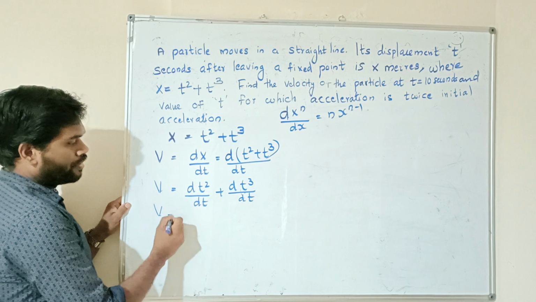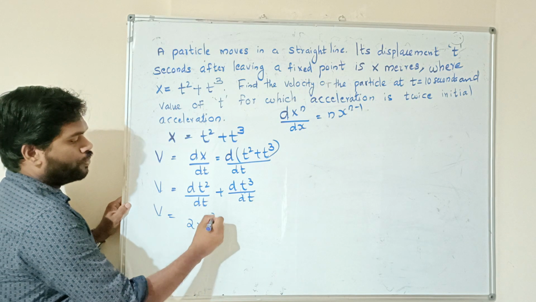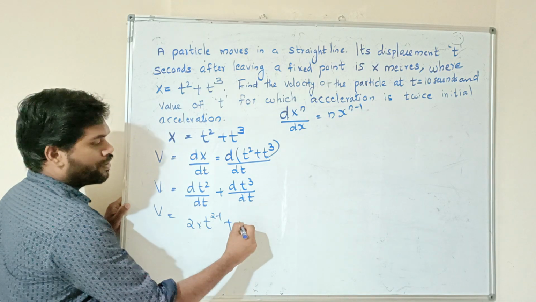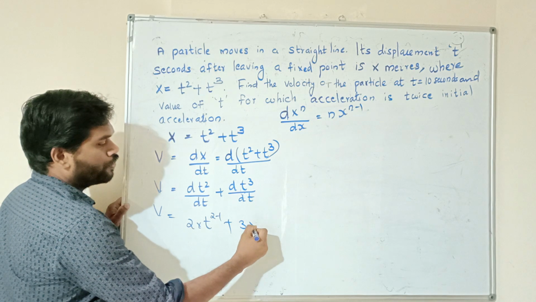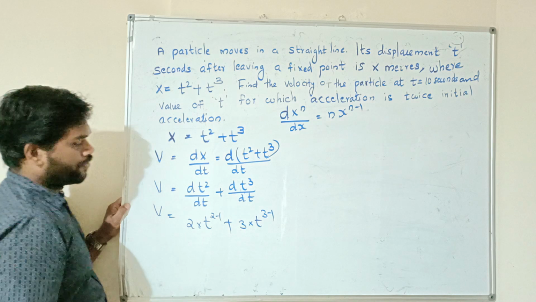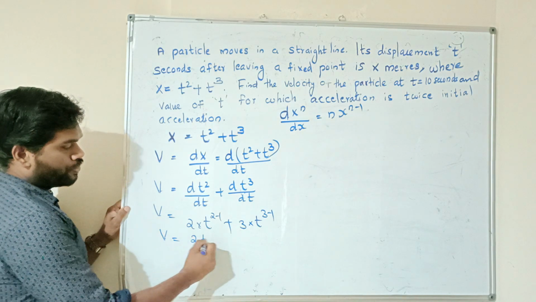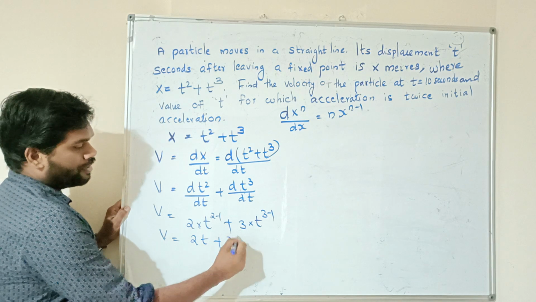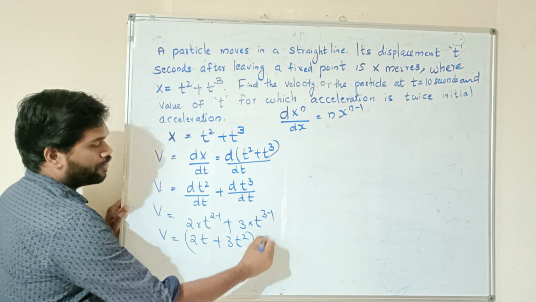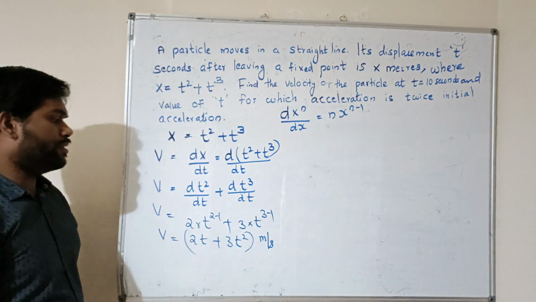So velocity is equal to 2 into t raised to 2 minus 1 plus 3 into t raised to 3 minus 1. So velocity is 2t plus 3t square meter per second. This is the velocity of the body.